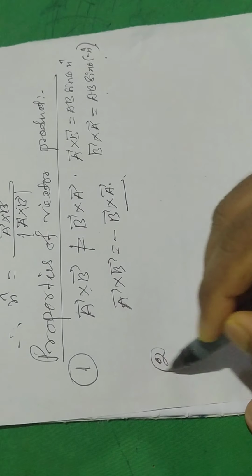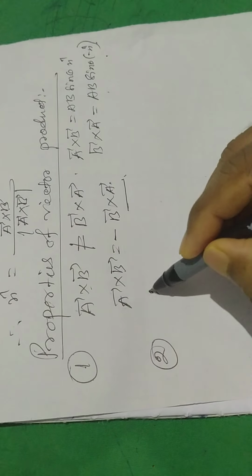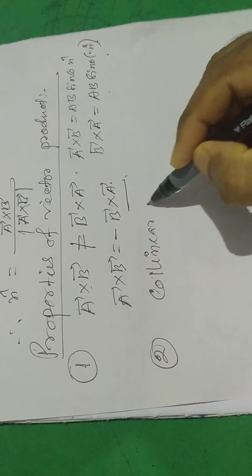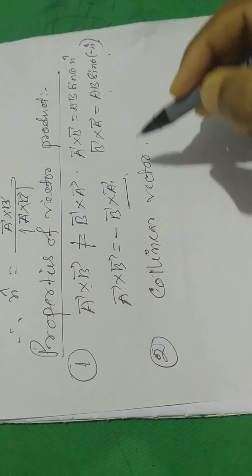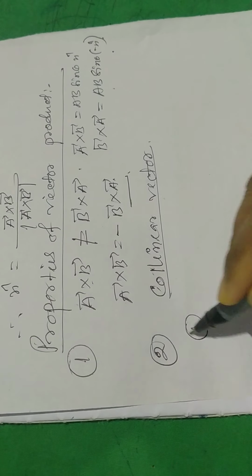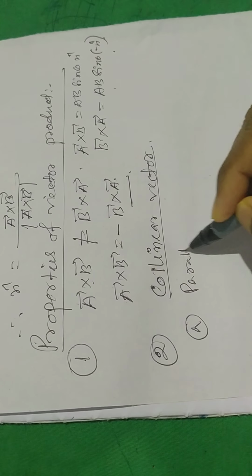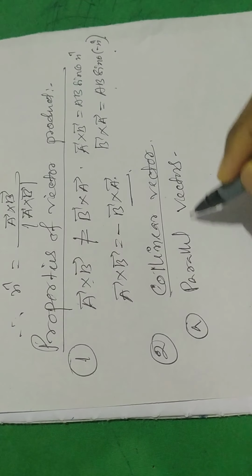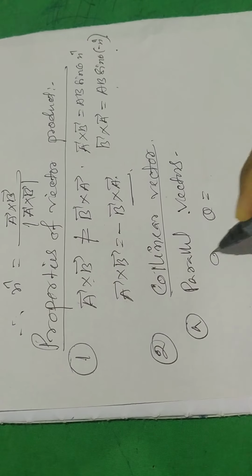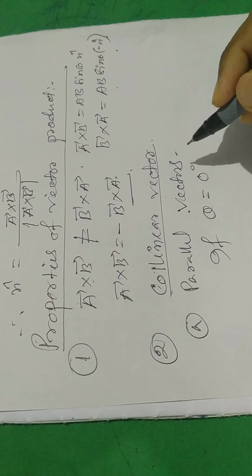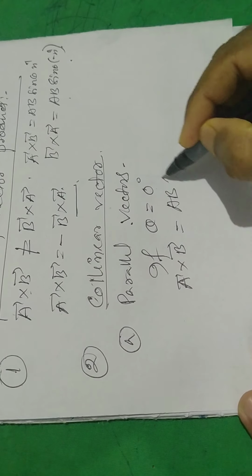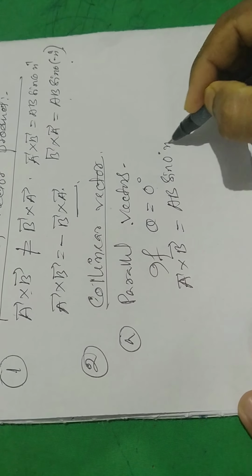Now property number 2. Collinear vectors, parallel vectors. If theta equal to 0 degree, then A cross B is AB sine of 0 degree n cap, which results in 0.